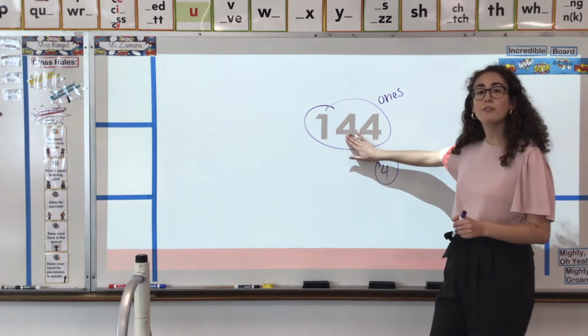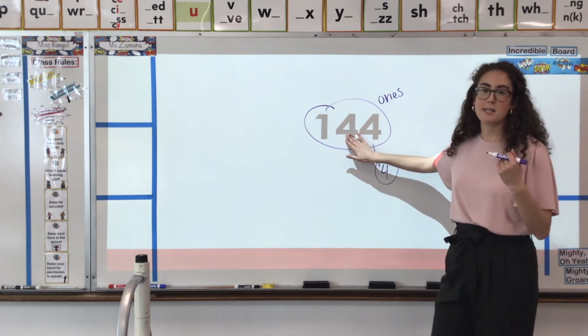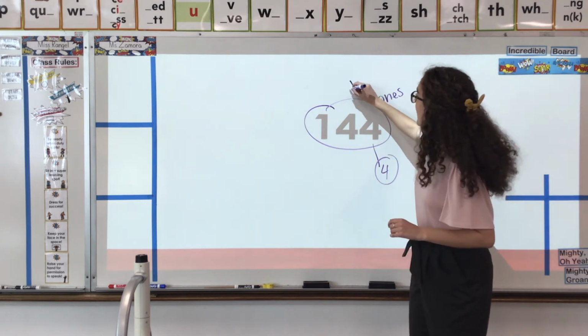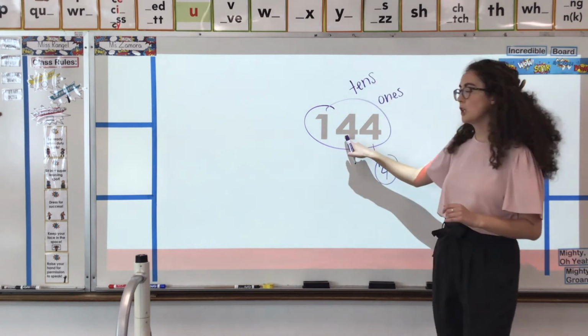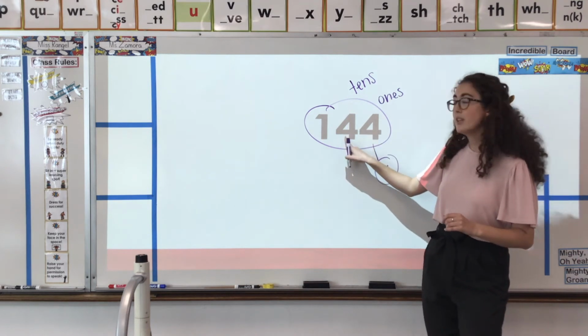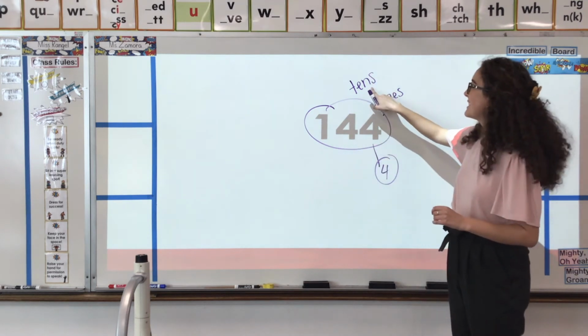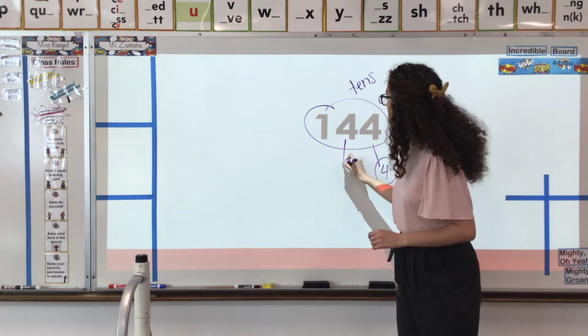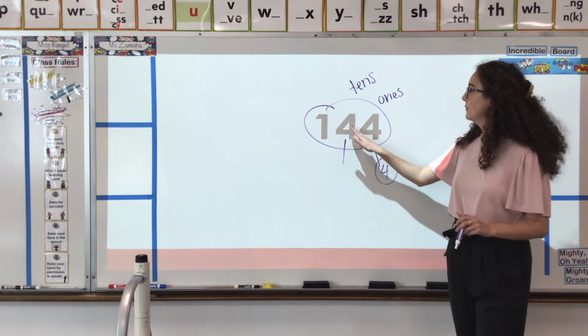So the digit 4 is in what place? The tens place, the tens place. Good job. So if the digit 4 is in the tens place, its value is going to be what instead?